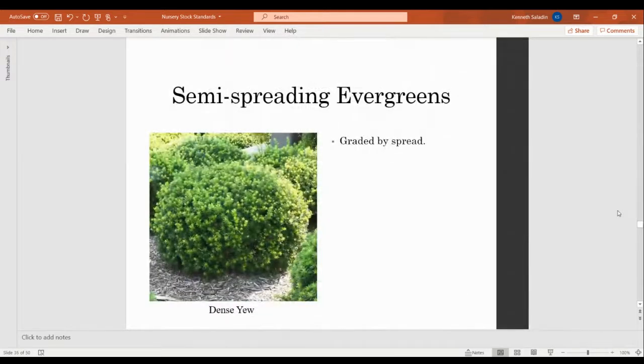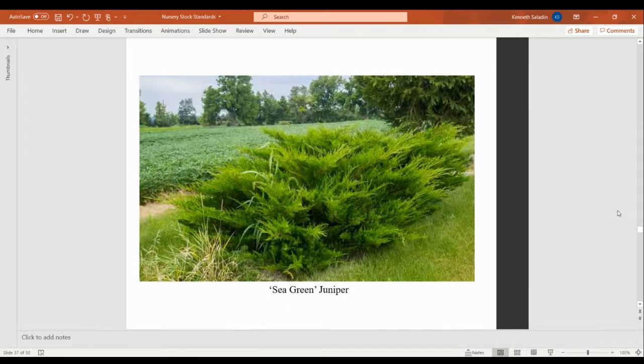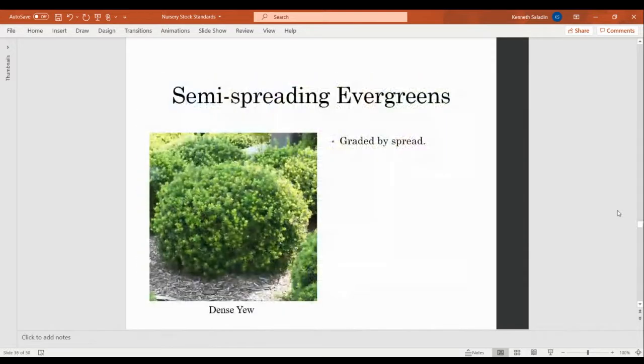Okay, moving on to the next group of evergreens. These are the semi-spreading evergreens, and these are graded by spread. The picture that we just showed here is dense yew. So dense yew falls into this semi-spreading evergreen class, and it would be graded by its spread.